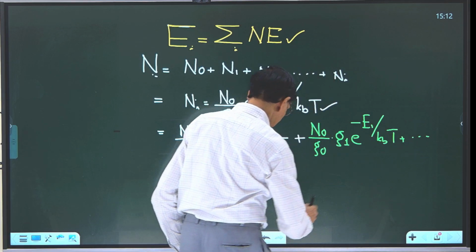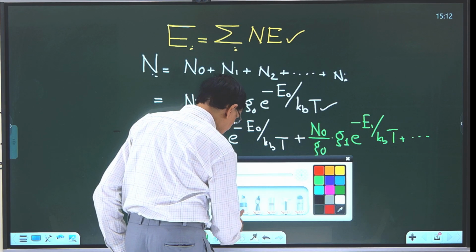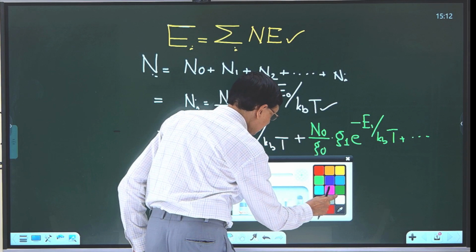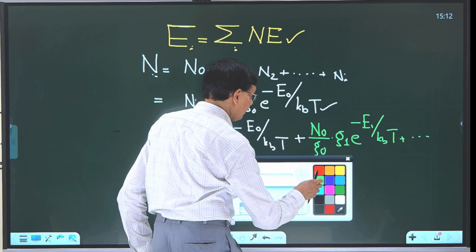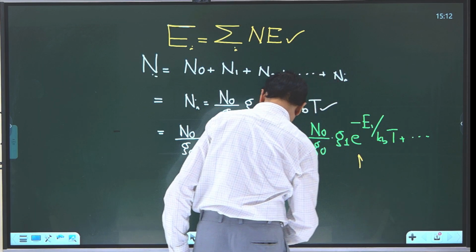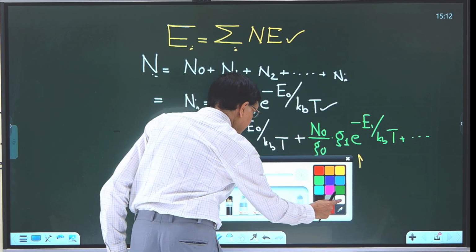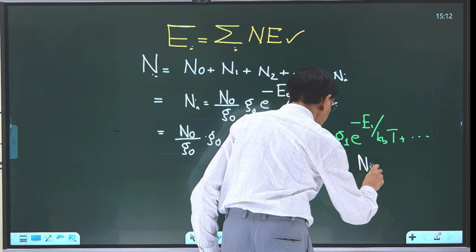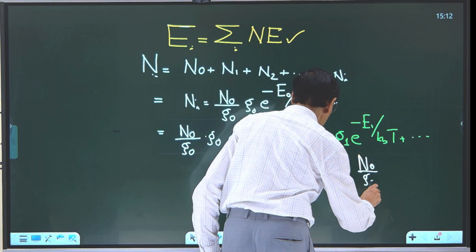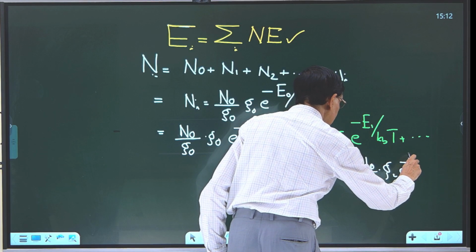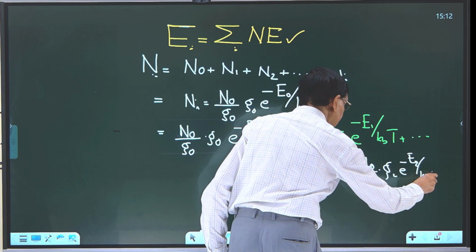Similarly, for the second level, N0 G2 exponential minus E2 by kBT.